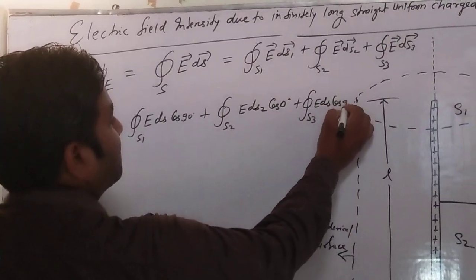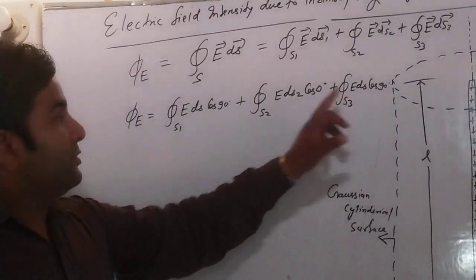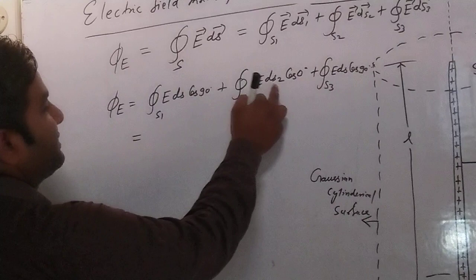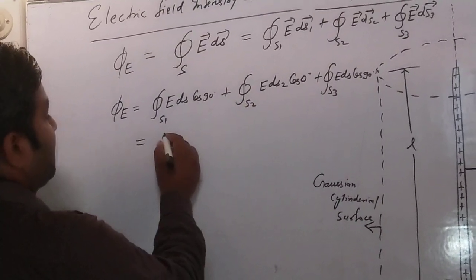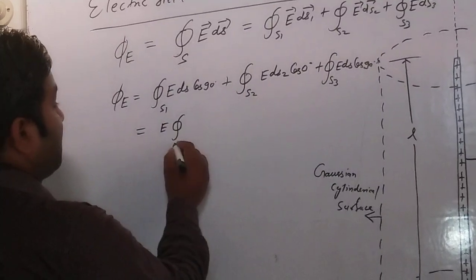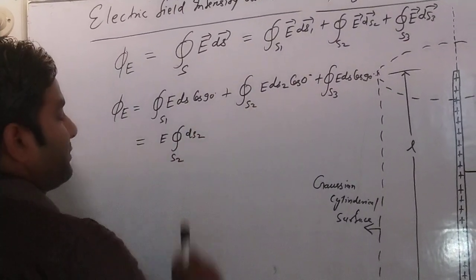We know that the cos 90 value is 0. So the first term and third term will be 0. The remaining term is E dS2, where cos 0 is 1.